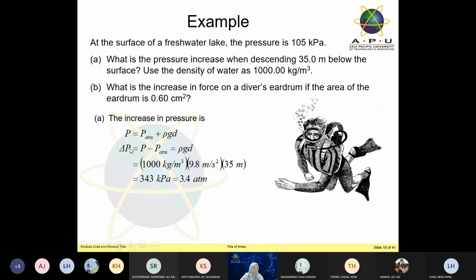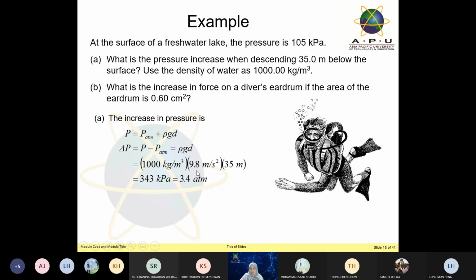So, the change of P will equal to P original minus P ATM equal to rho GD. So, how much is the rho? Rho is the density. Density is 1000 kilogram per meter cube. So substitute 1000 for rho.